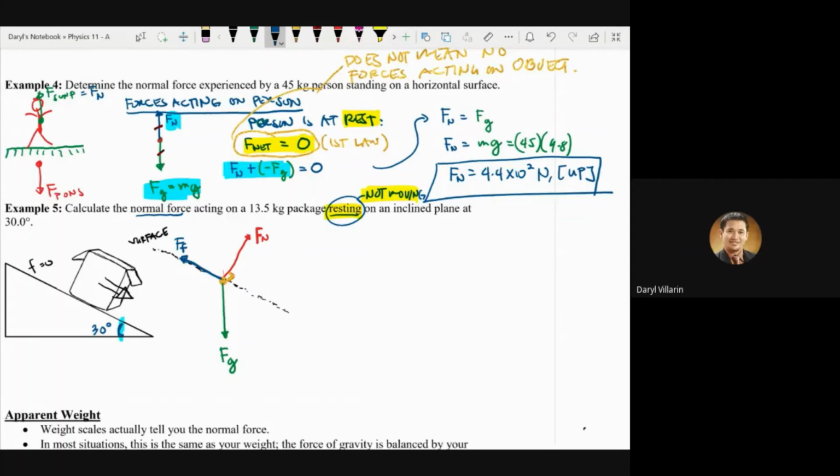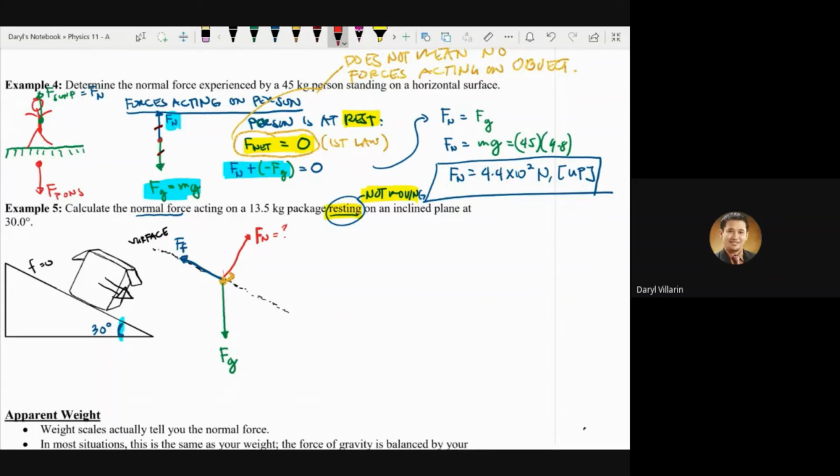But the question is, we need to find the normal force. The question mark is this one here. How would you find that particular value? Remember that in this case, the normal force is no longer equal to the force of gravity or the weight of the object.